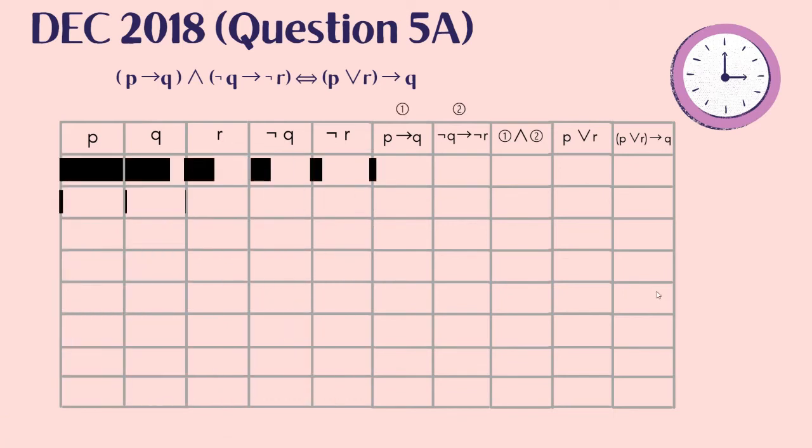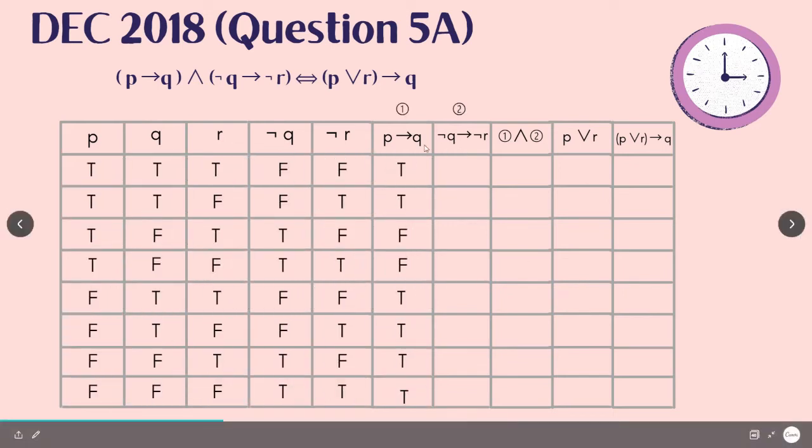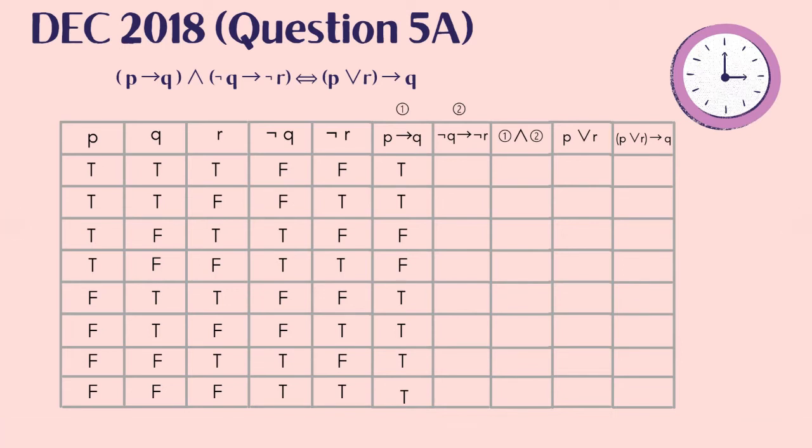Next, look at where the implication is pointing to. If that is true, then it doesn't matter what the other side says, it's always going to be true. If we have true and false, the answer is false. If we have false and false, it's going to be true. And if we have true and true, it's going to be true.